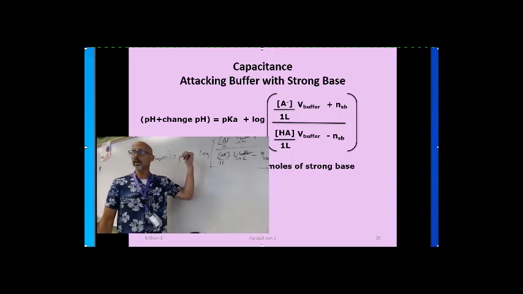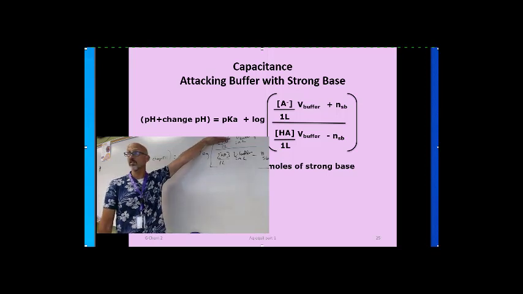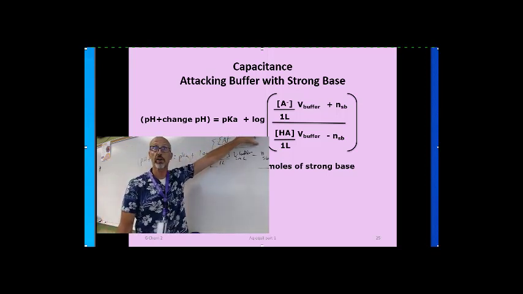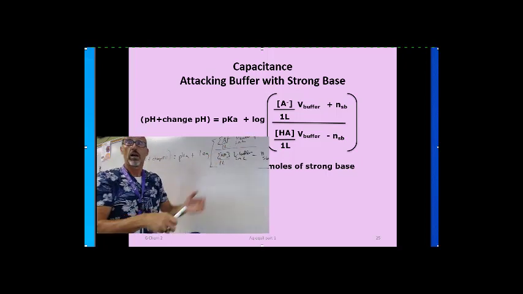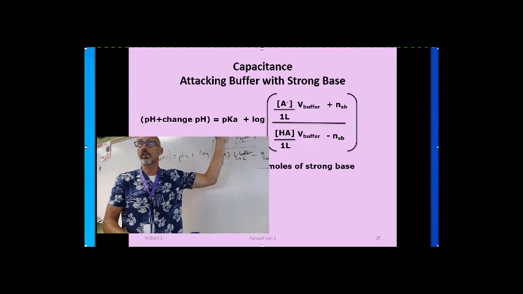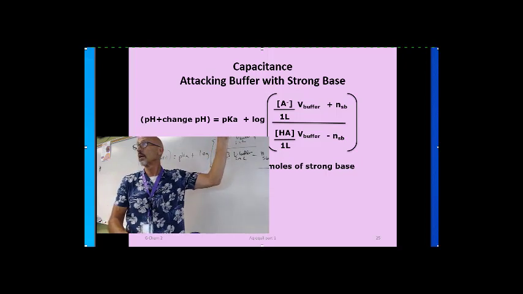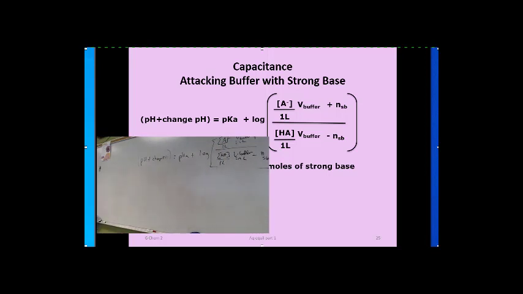Now remember, Henderson-Hasselbalch basically says it's concentration of A, so if I turned it to moles here, I'd have to divide by the final volume to have it as molarity. Correct? Well, since that's on the top and the bottom, it just is gone. I don't need to do it all over again. That's the reason that's out of there. I don't need it. It always cancels out. So this is the formula you need.